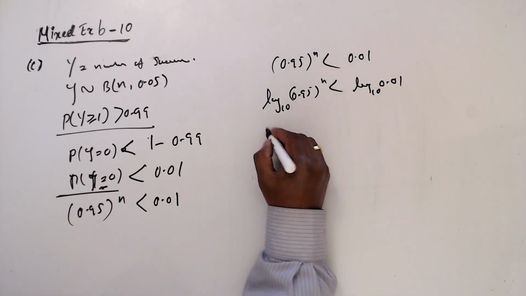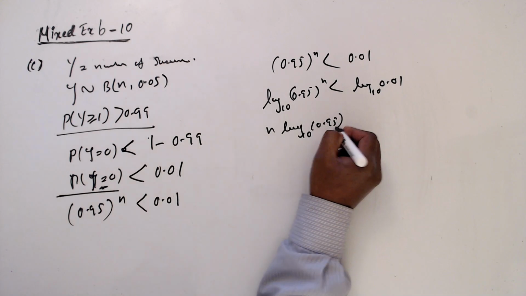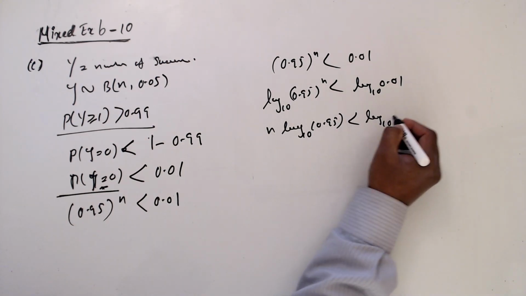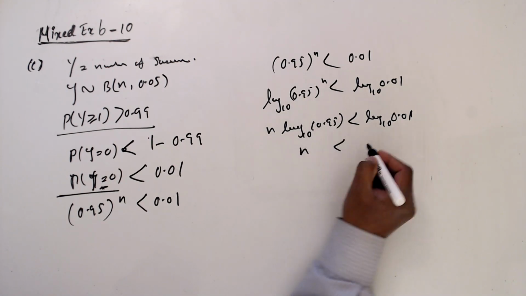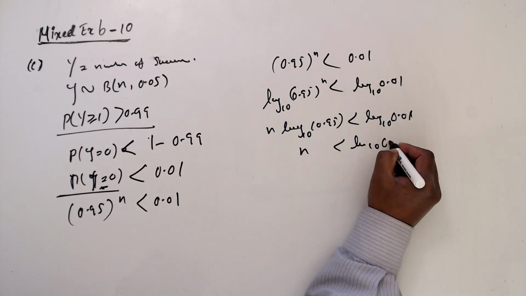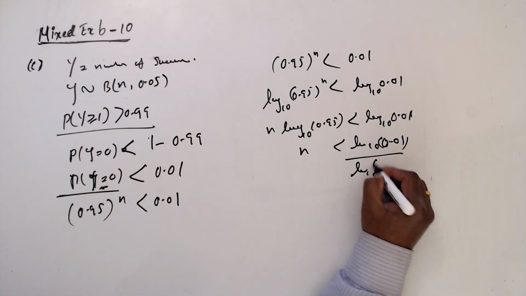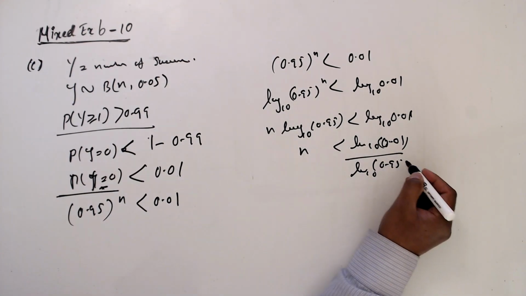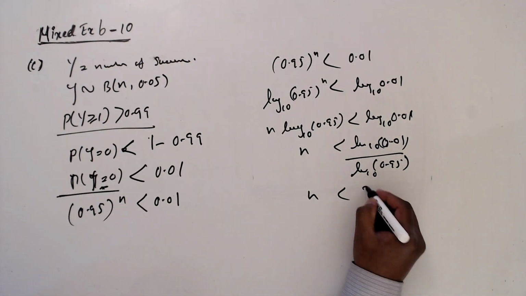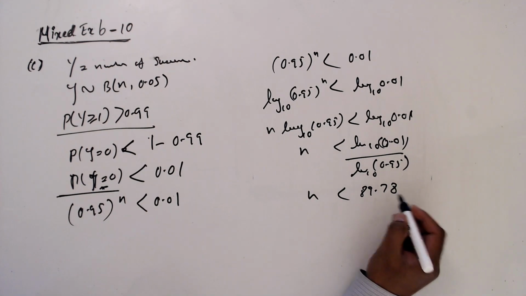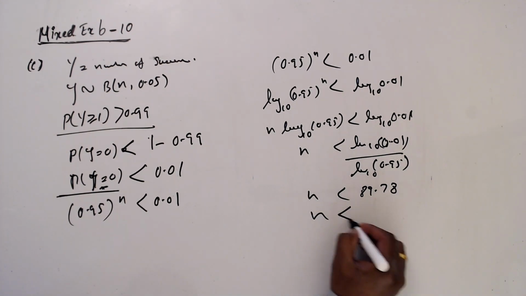So n equals log 0.01 divided by log 0.95. So this value is 89.78 approximately.